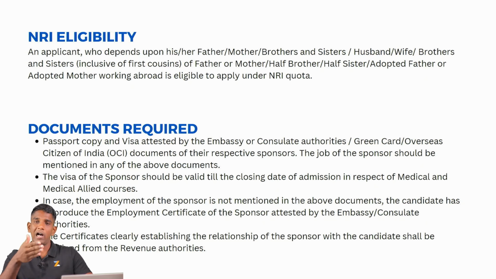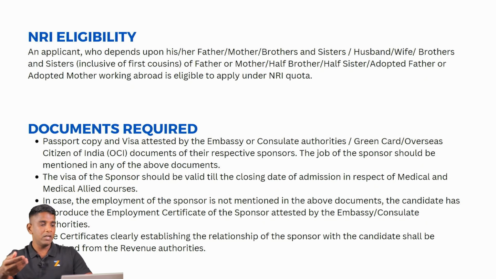Next, a half brother, half sister, or adopted father or adopted mother working abroad is eligible to apply under the NRI quota. If you satisfy one of these conditions, then you can apply as an NRI candidate.